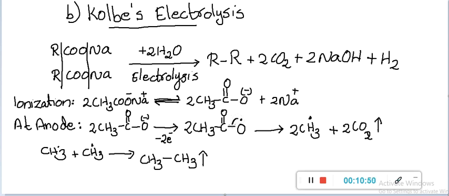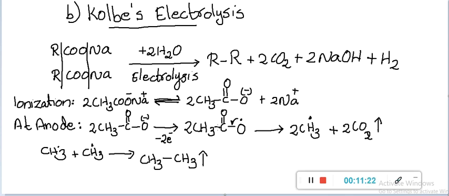This free radical shifts to this bond, and this bond indicates the presence of two electrons. That is CH3 and C=O connected with the two electrons, that is a single bond.